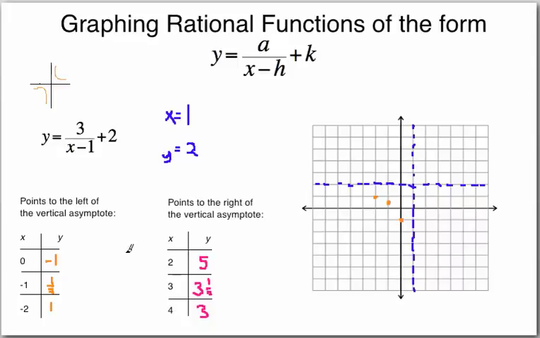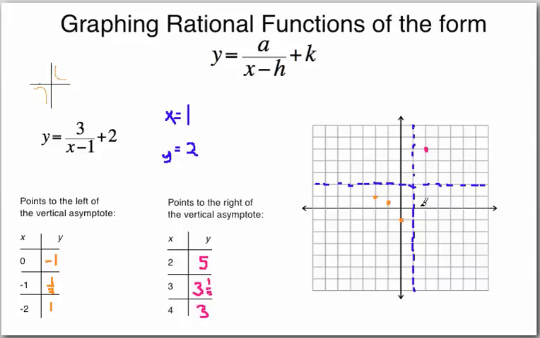Now we do the same thing with this: we plot our points. We've got the point (2, 5), so that's over 2 and up 5, which is right here. Then (3, 3.5), so over 3.